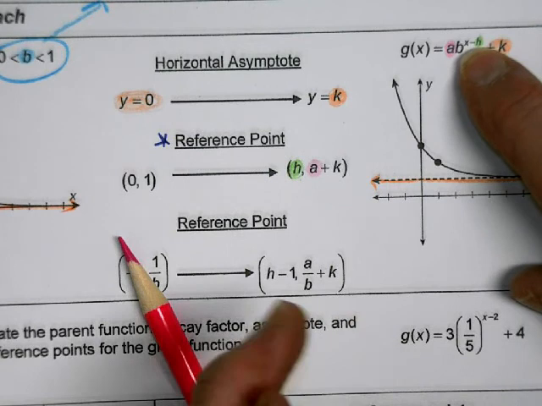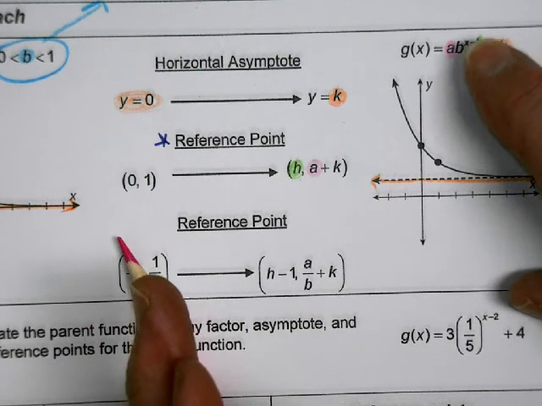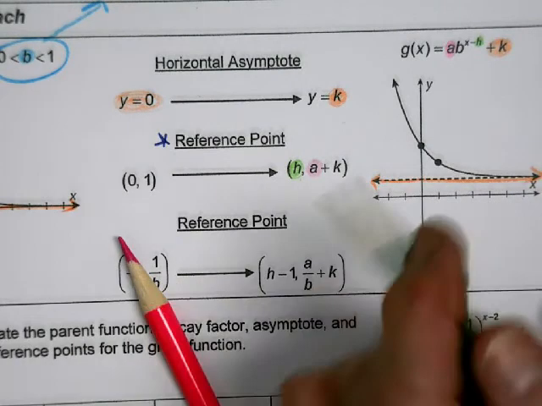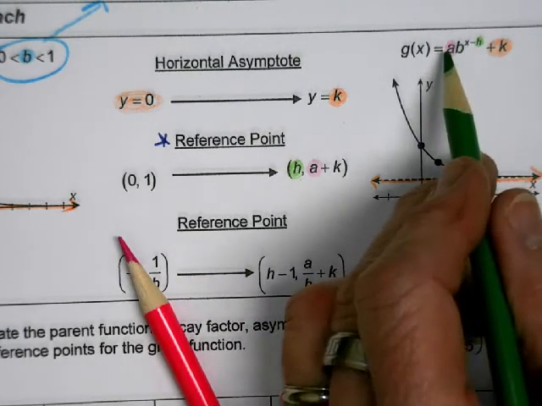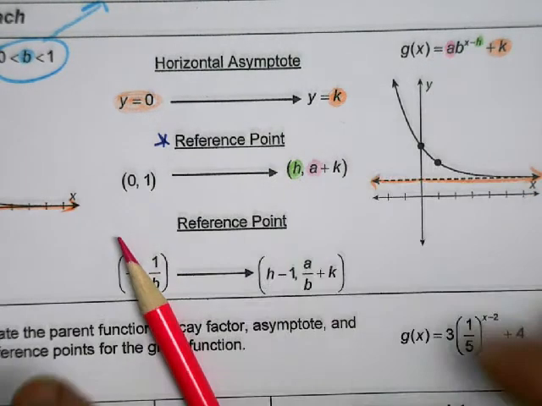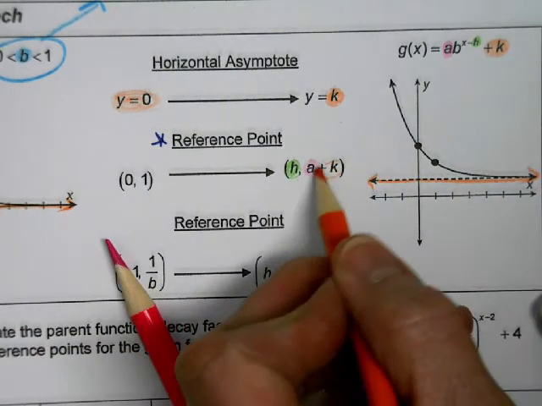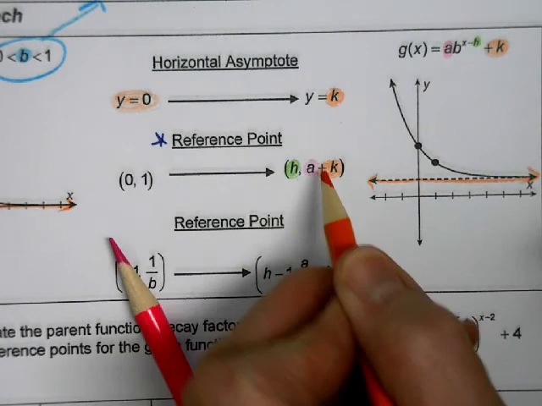And we want that. We want to keep it simple. If my exponent is 0, that b to the 0 turns into the factor of 1. 1 times a is a. That's why you take a plus k.